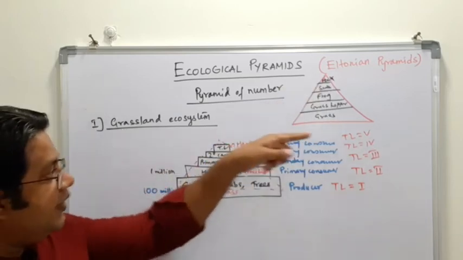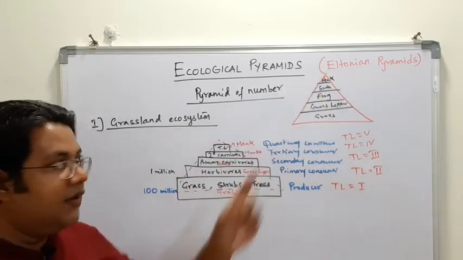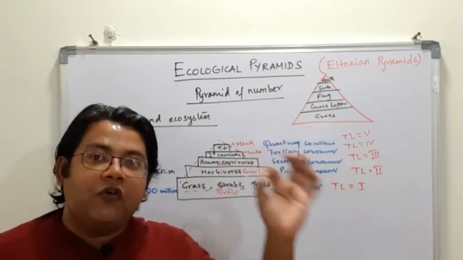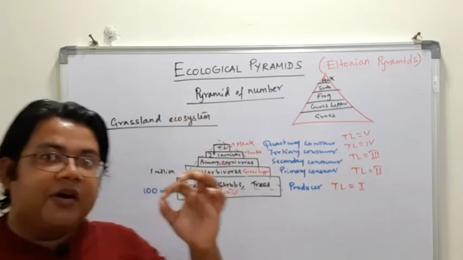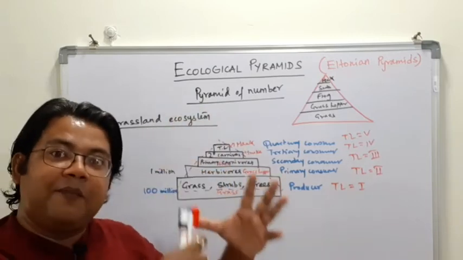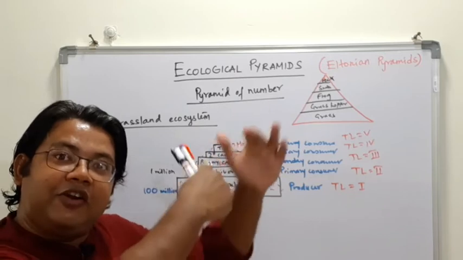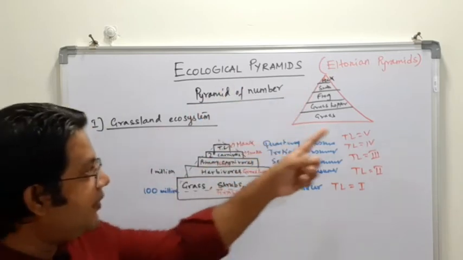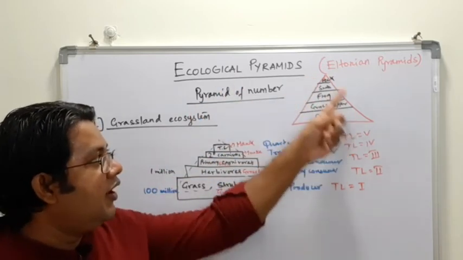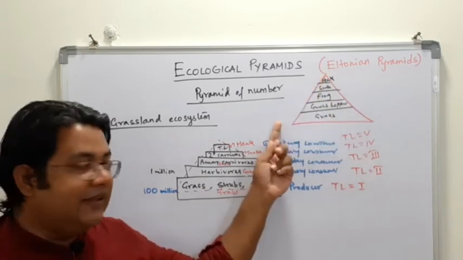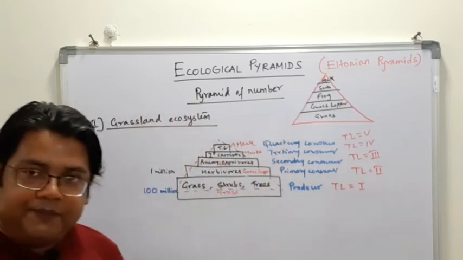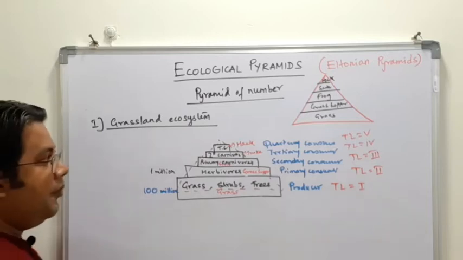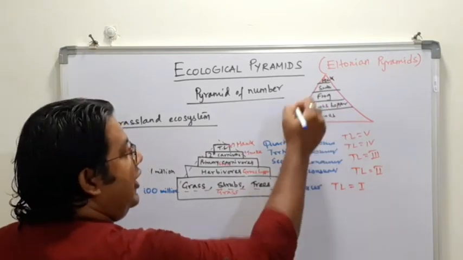So this representation of the number of components, or the number of individuals, number of organisms at different trophic levels, gives a pyramid shape, and this pyramid is called the pyramid of number. So for a pyramid of number we have to mention the number also.